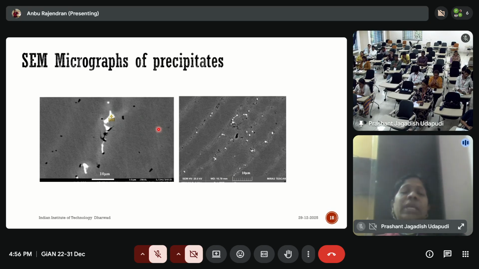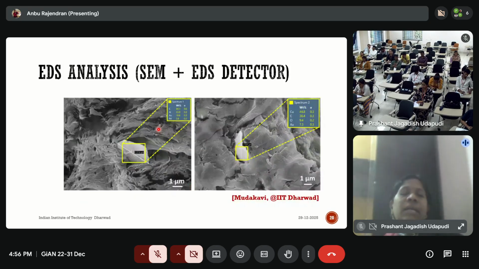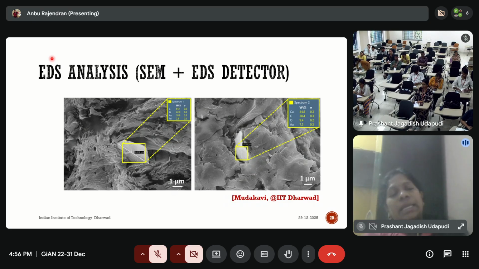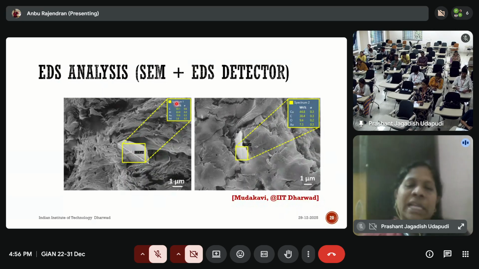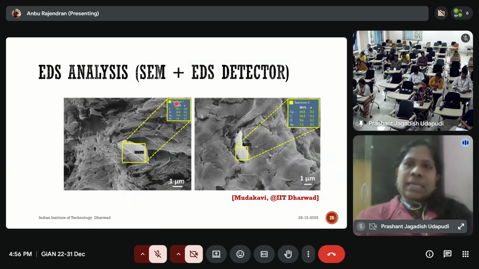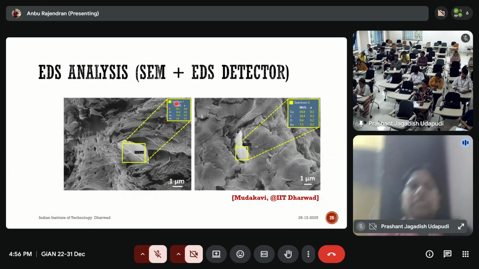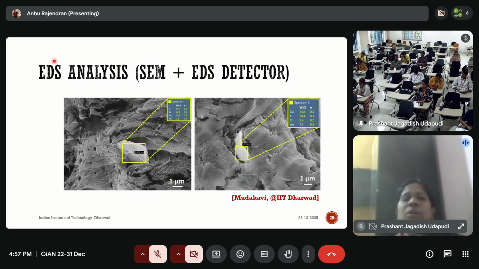In addition to these two detectors, there is another detector, the EDS detector. People also call it the EDAX detector. The EDAX detector serves the purpose of measuring the chemical composition. The regular SEM comes with the SE and BSE detectors built in, but the EDS detector is not built in.